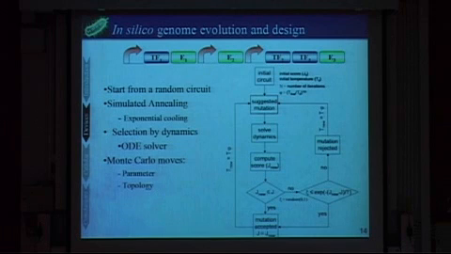We start from a random initial circuit, and then we make what here is called a mutation, a local change. It can be a change in parameters, in kinetic parameters, or a change in the topology. Or you can replace one promoter by another. By that, you are changing the topology, or you may be only changing the parameters.